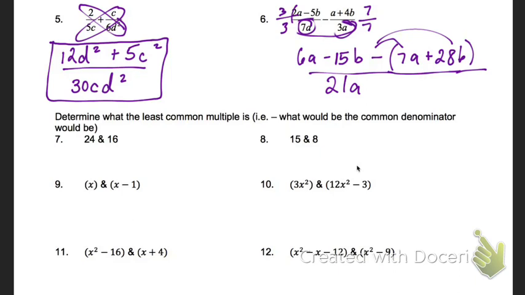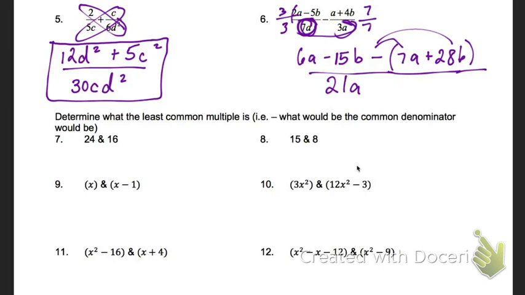Yes, Roman. Wait, wouldn't it be the opposite because you do 7 times 3 and then 3 times 7? Wouldn't it be multiply the 2a times 7a? Well, this is already at a denominator of 7a.